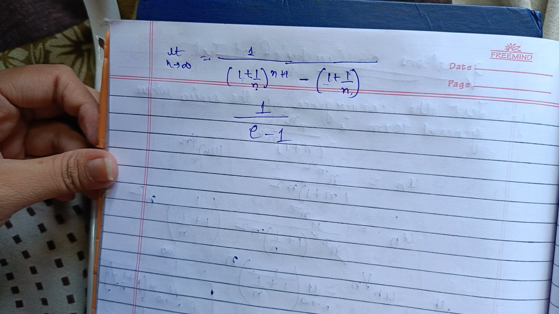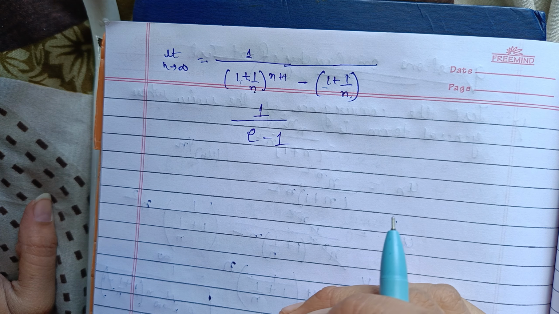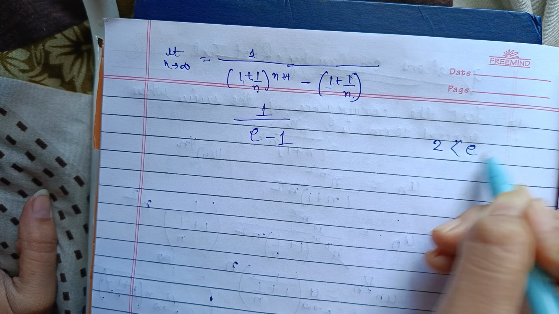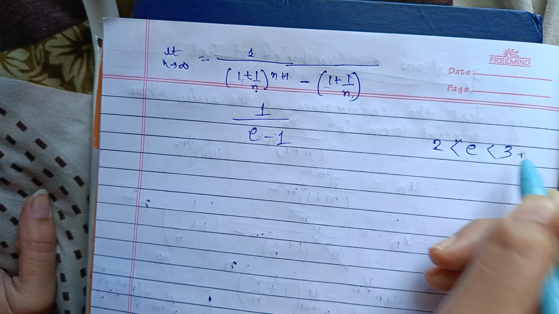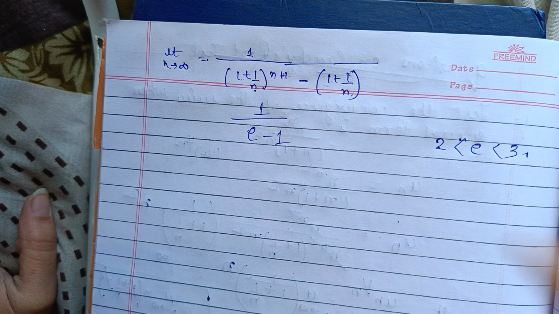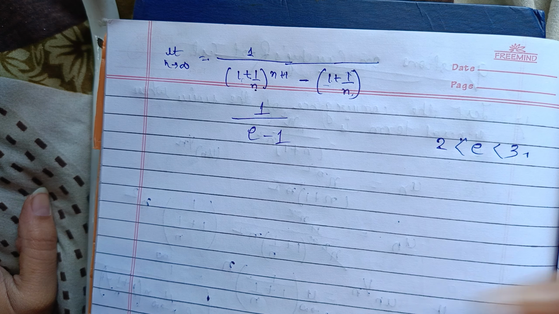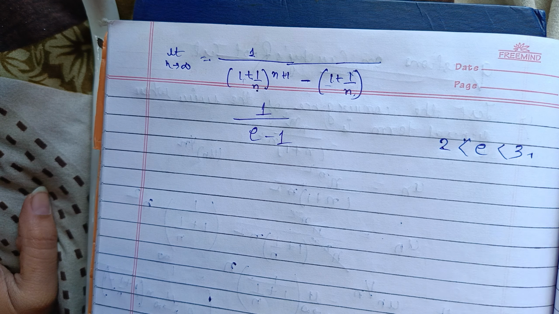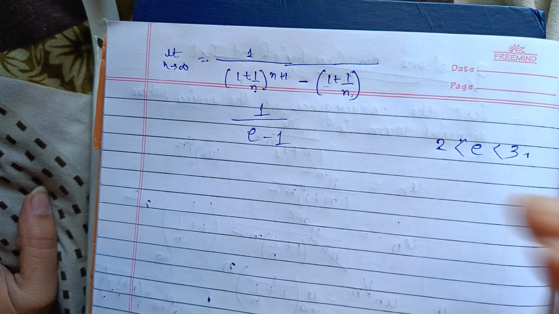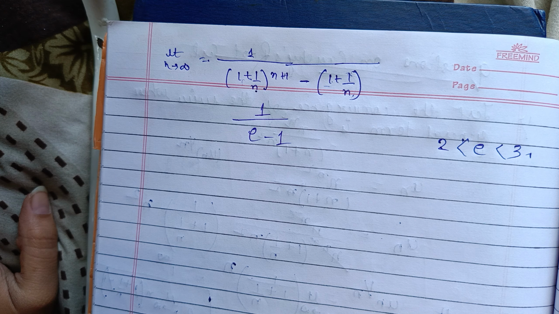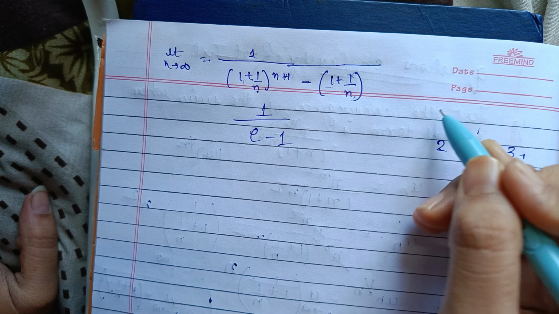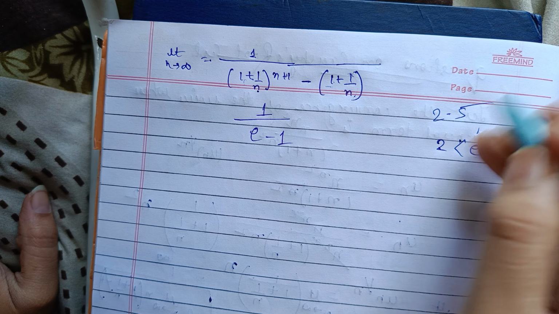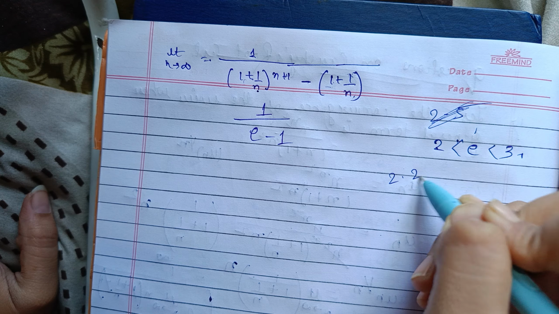Now, as you know, e lies between 2 and 3, so this is greater than 1. If we subtract 1 from the value of e, still our answer is above 1. Let's take e as 2.2 or something like that.